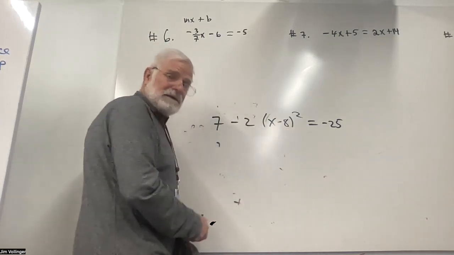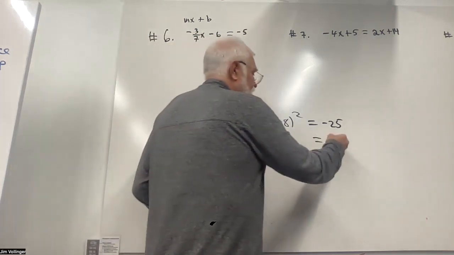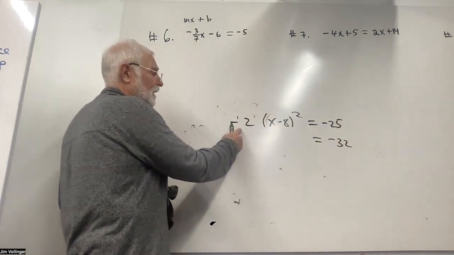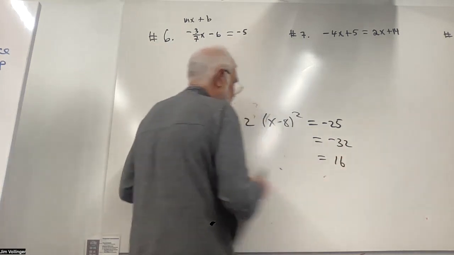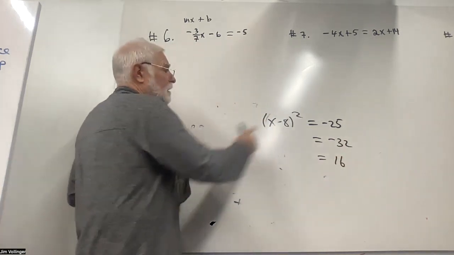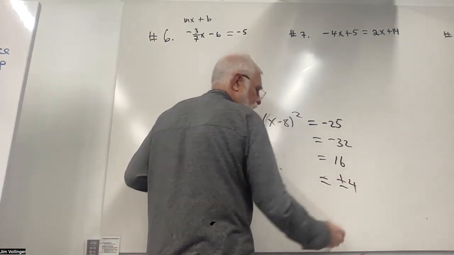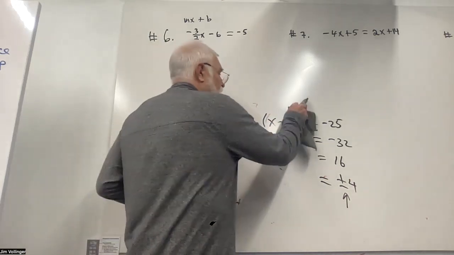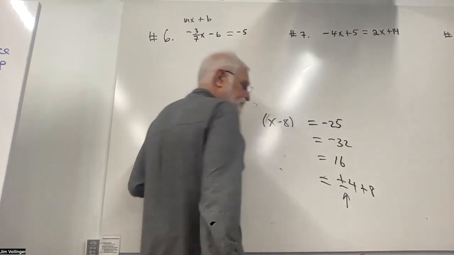Going backwards, let's take the easy route. Addition of 7 is the same as subtraction on the other side. Multiplication by negative 2 is the same as division by negative 2 on this side. Squaring is the same as taking a square root, and I'm sure you didn't remember the plus minus, but it's plus minus 4. And subtraction of 8 is addition of 8.